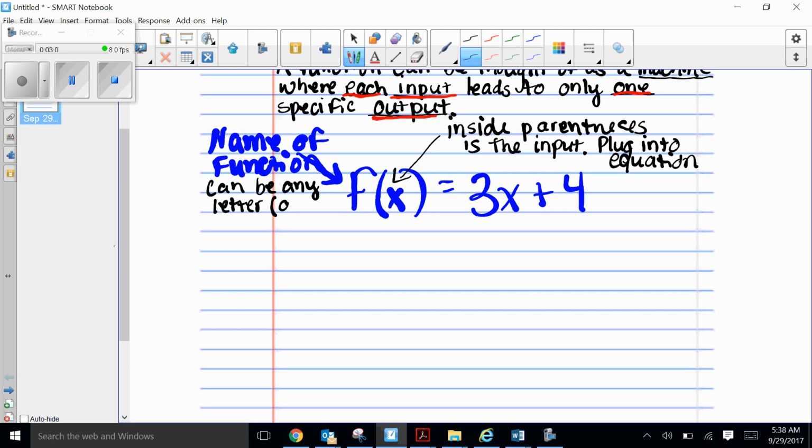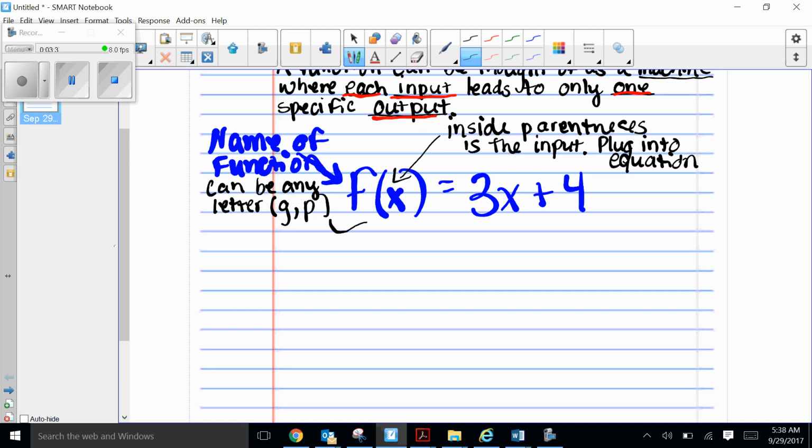You might see g, you might see p, as long as it doesn't match what's inside the parentheses. Just like we don't always have y equals. Sometimes we have c equals or f equals or t equals. So it just depends. This f can always change as long as it doesn't match with what's inside my parentheses.